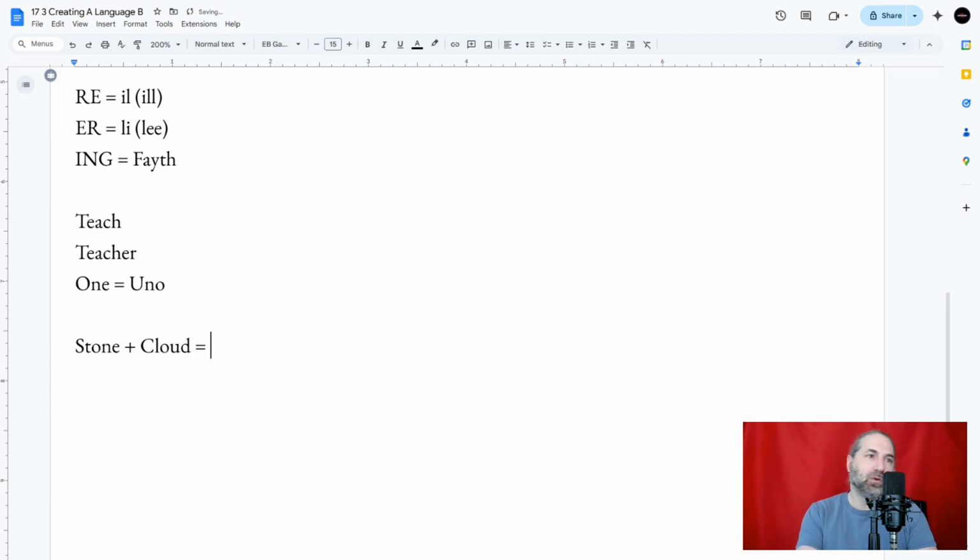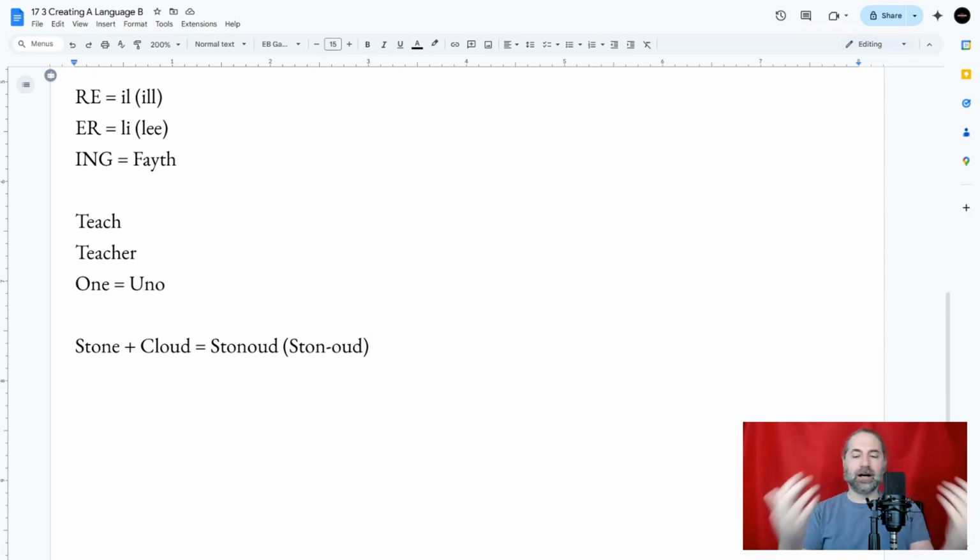And the way it might be pronounced is Stonoud, and welcome to Stonoud. And they did this because they compound worded things that are important to them.